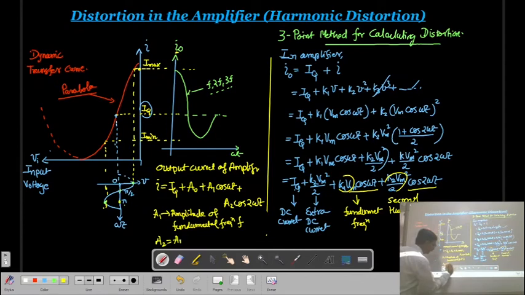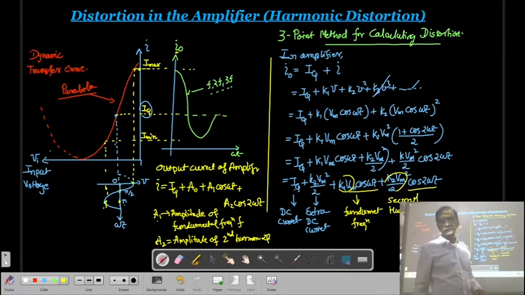It is the amplitude of second harmonic, 2F. So if we calculate A2 and A1, then that ratio will give you the distortion introduced due to the second harmonic. Correct? So how to calculate this A2 and A1?